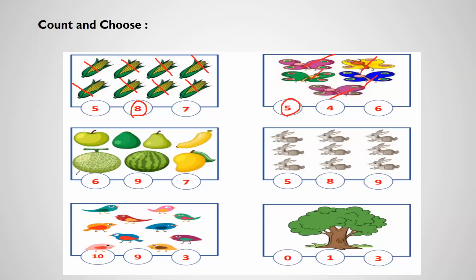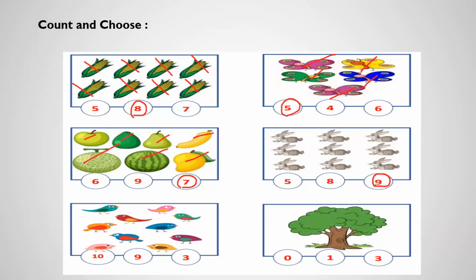What about these fruits? Can you count? 1, 2, 3, 4, 5, 6, and 7. Yes, so they are 7. And how many rabbits can you see here? Okay, count. Excellent, they are 9.